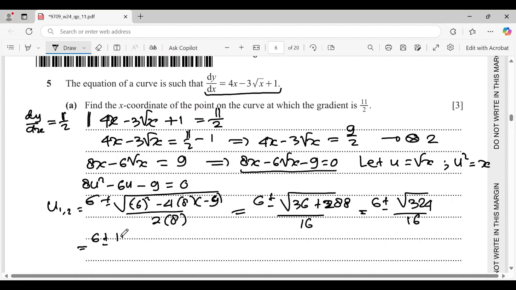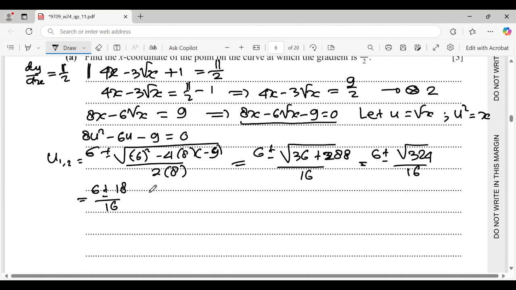6 plus or minus 18 over 16. So the first u, u1, equals 6 plus 18 over 16, which is 24 over 16, or 3/2.